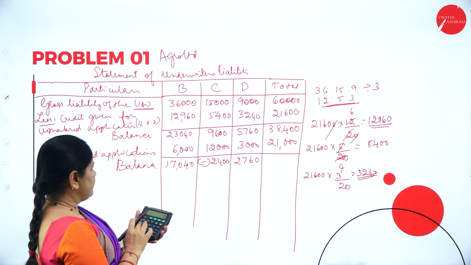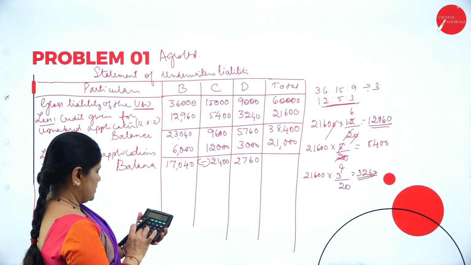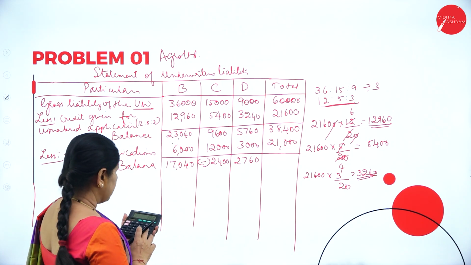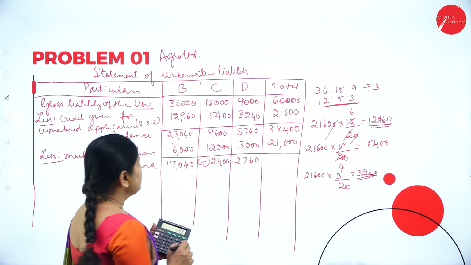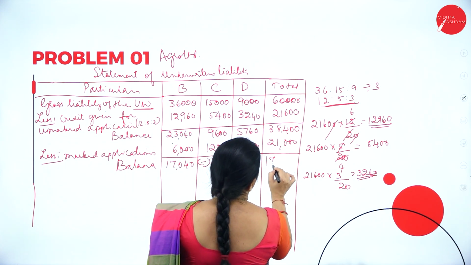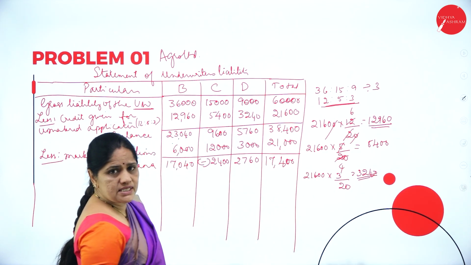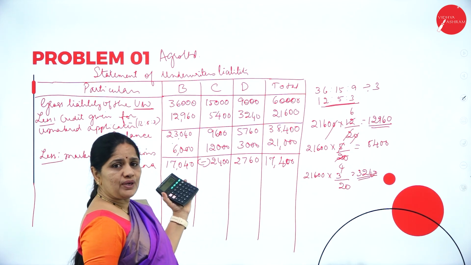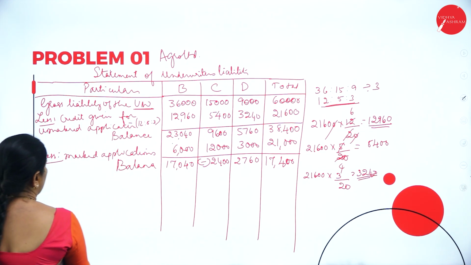So we have here 17,040 plus 2,760, which is 19,800, minus 2,400, giving 17,400. Now we have a surplus here for C. This surplus I have to share between B and D in the ratio of 12 is to 3.